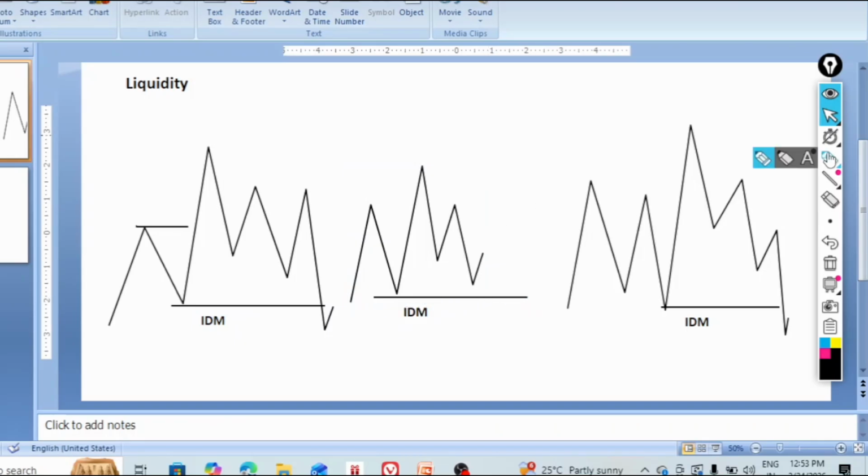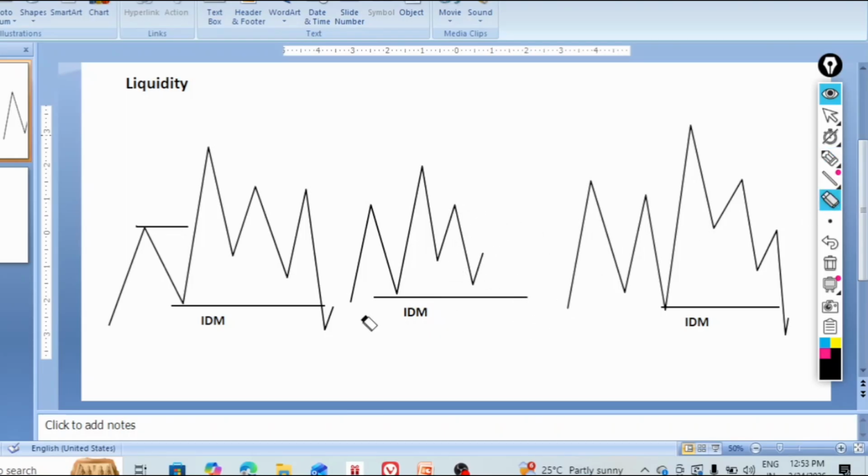If the market did not come and mitigate this inducement level, then only after grabbing this swing liquidity will the market move to this internal target, if it did not sweep this external liquidity.